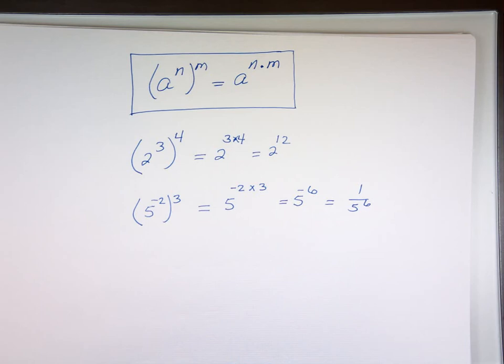So these are the laws of exponents. I'll do more examples in 1 second here, but I also want to talk about order of operations. Then I'll start doing some problems there.